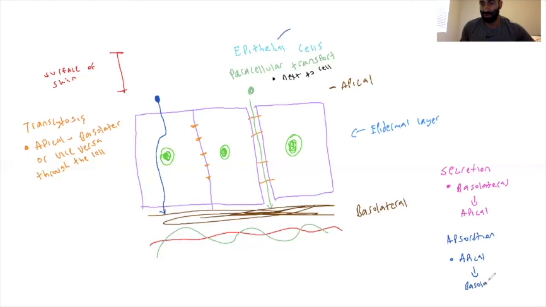And one other term that I mentioned, excretion, is just out of the body. Usually we use excretion when we talk about the process of urination or defecation. So excretion is out of the body.